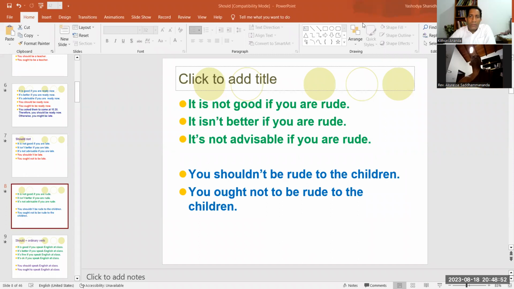Sumanaratana Thero, could you please mute the mic? It is noisy here. We get stray noises here. We get surrounding noises here. Could you please mute the mic?